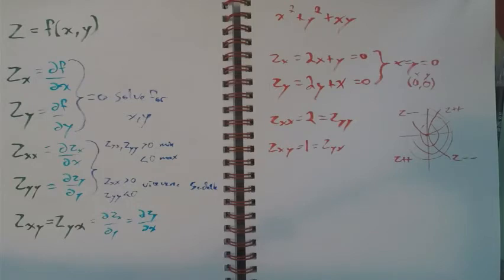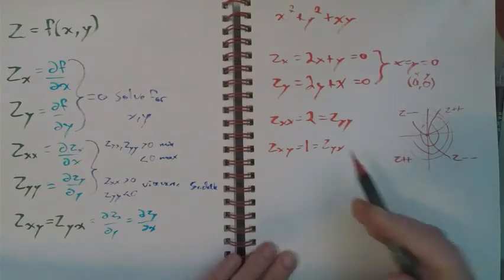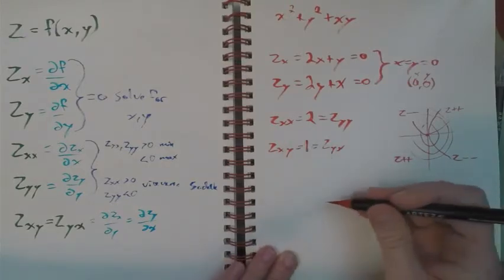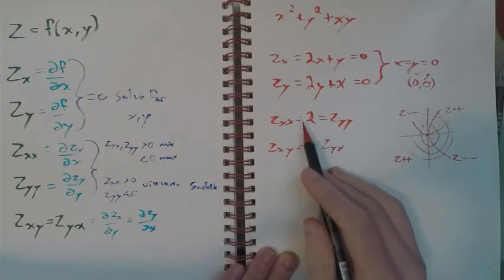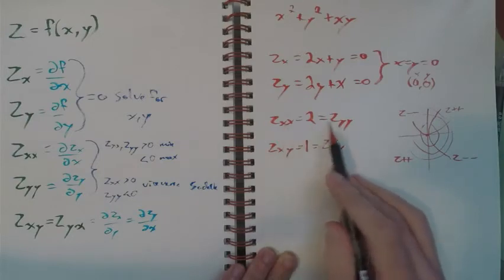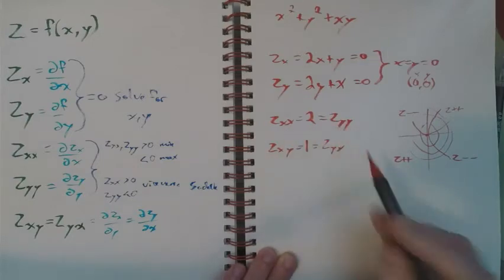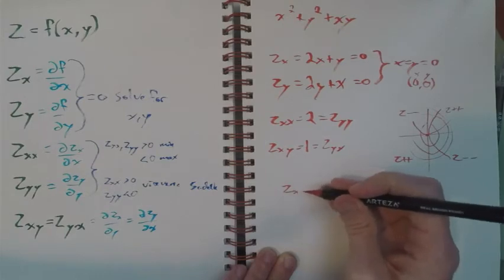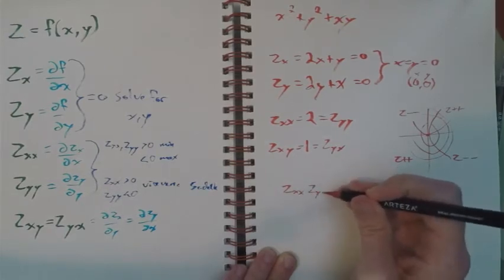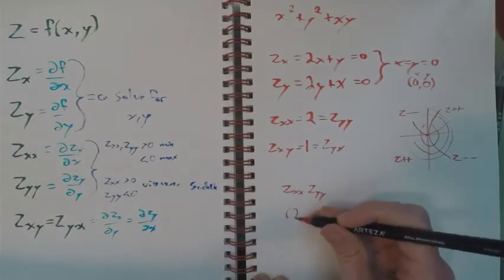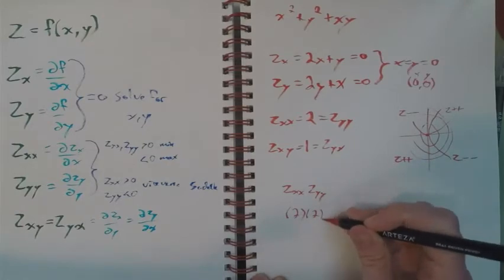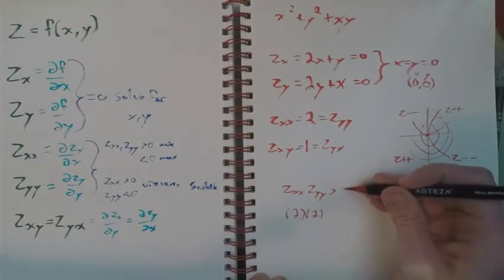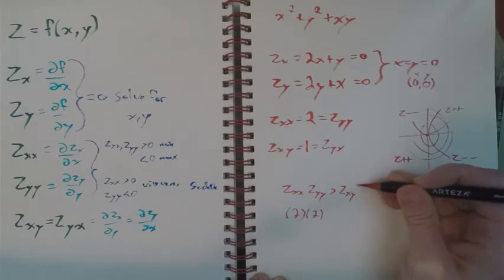All right, so let's check our last condition. Our last condition is that the product of our cross partial has to be smaller than the product of our second partials. So zxx times zyy, which, as you know, is 2 times 2, has to be bigger than zxy squared, right?